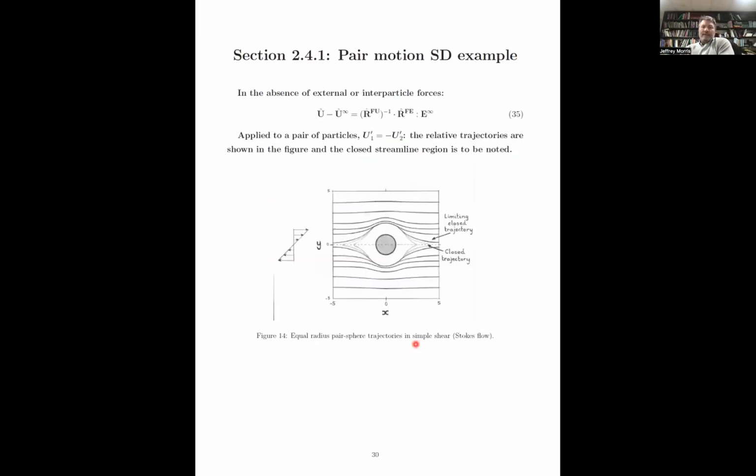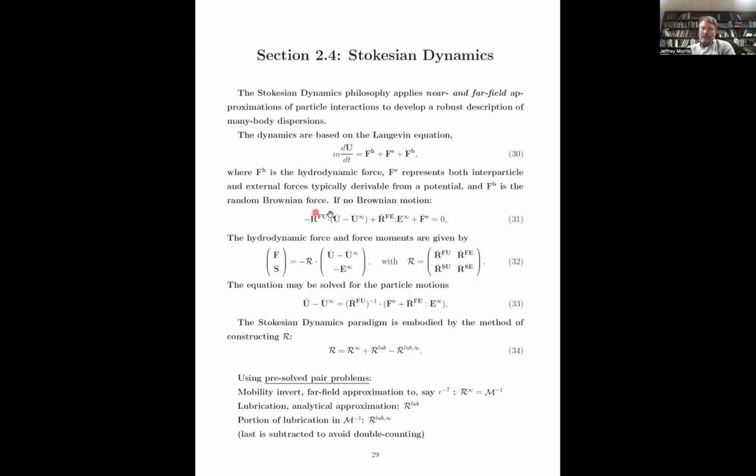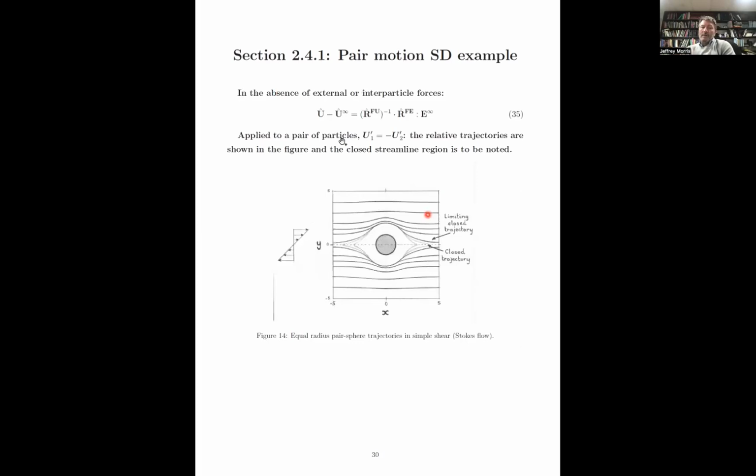If we get rid of all external forces, we just ask what happens to a pair of particles in the flow. The equation on the prior sheet reduces down because there are no external forces. It may look as though the problem will be boring, but in fact it becomes fascinating, because the velocity relative to the imposed surrounding motion, say a simple shear flow, has this RFE double dot the rate of strain inducing a force.